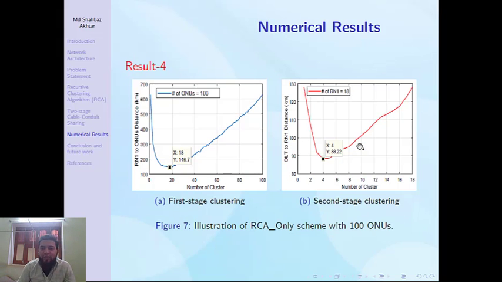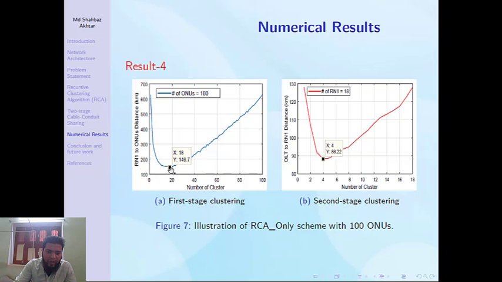This is a numerical result to understand how the RCA scheme works. We took 100 ONUs, and we generate the number of clusters from 1 to 100 for first stage clustering, that is, to decide the location for power splitter placement. Initially, for a smaller cluster size, the total power splitter to ONU distance is very large, and it starts decreasing when we increase the number of clusters.